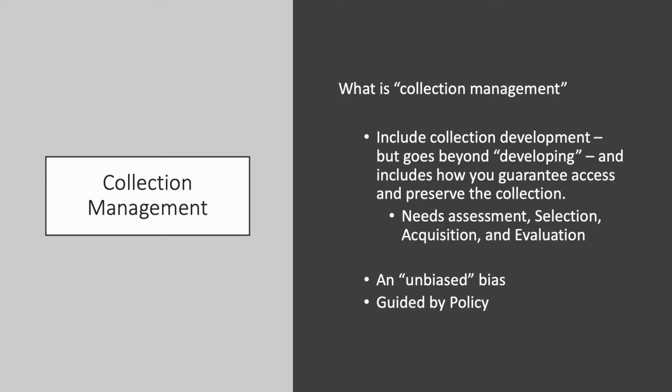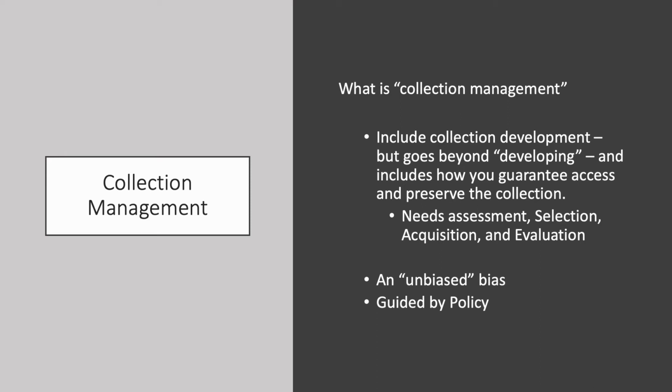To address these needs and to keep them balanced, libraries need strong collection management. As we've reviewed in previous weeks, collection management includes collection development, which is how we grow a library's collection, but also goes beyond buying resources. In management, we must consider the other processes involved in maintaining a library's collection, such as access and preservation.